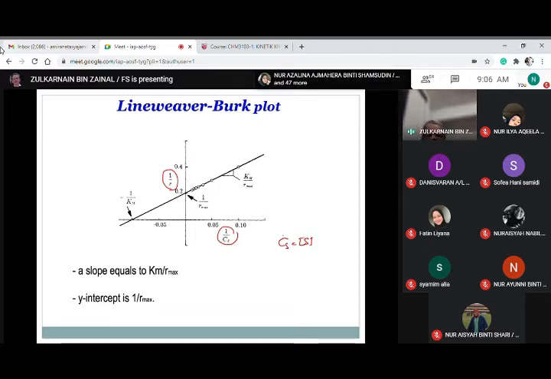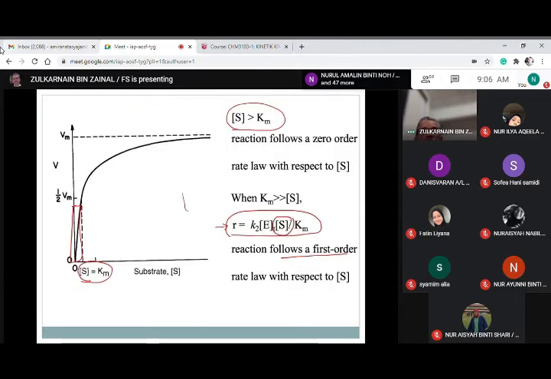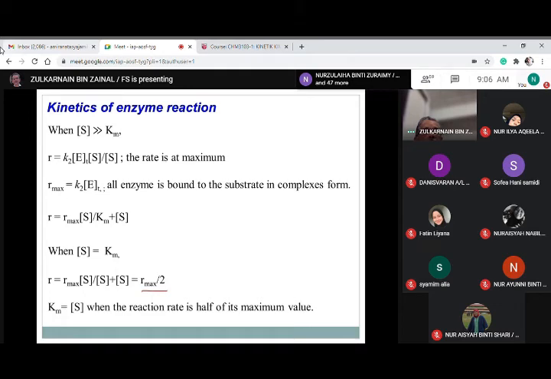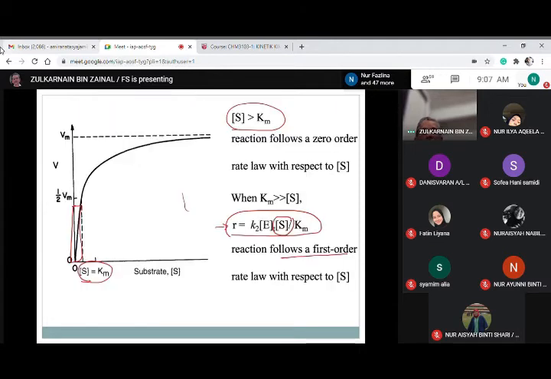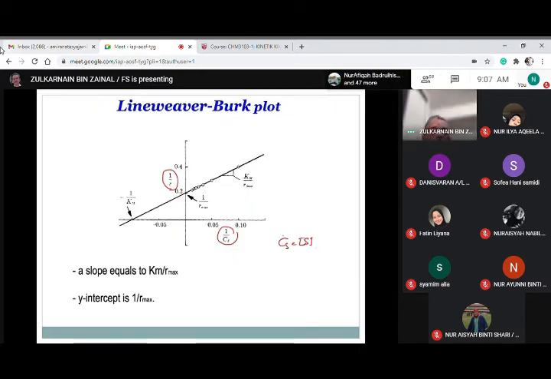So if you go back to the equation, R max S over Km plus S. So this is your rate.